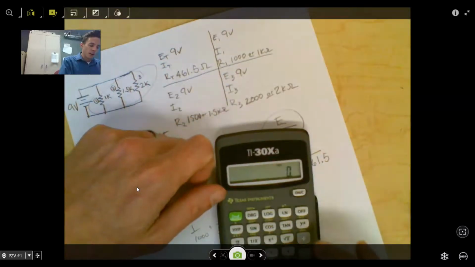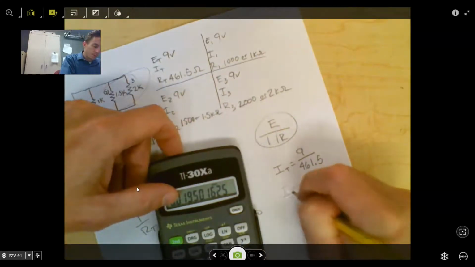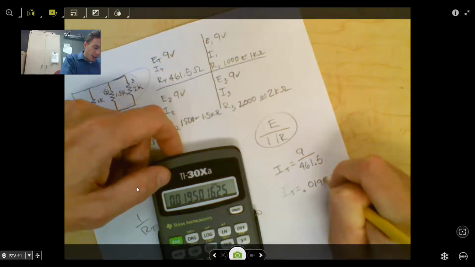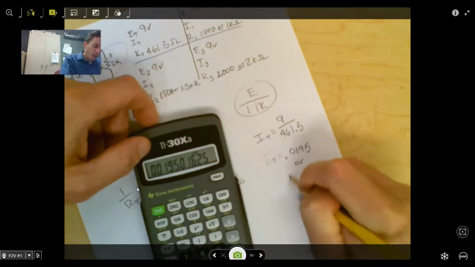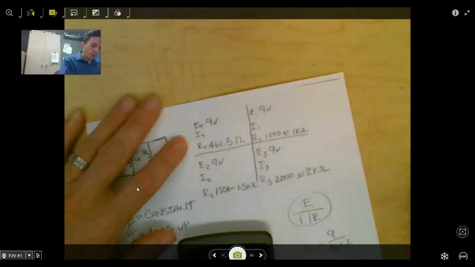So when I take 9 divided by 461.5, I come up with 0.0195 or 19.5 milliamps.